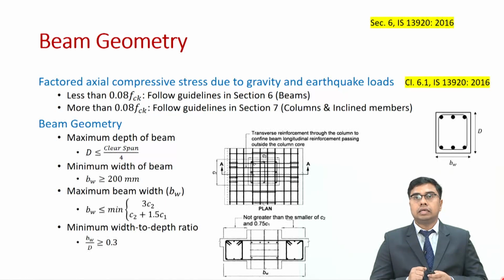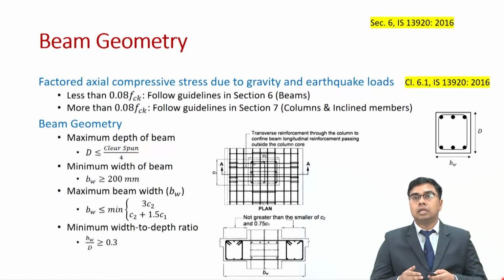If the factored axial compressive stress, which is calculated as factored axial compression divided by the cross sectional area, is less than 0.08 fck, then the member will be classified as a flexural member and the design will be governed by Section 6 of IS 13920:2016. This section 6 details the guidelines related to ductile detailing of beams.